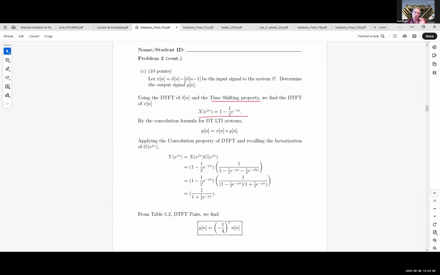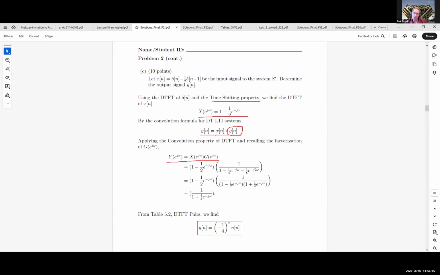The output of the inverse system, which has the unknown impulse response g of n, unknown in the sense that we haven't computed it, we know the output is going to be the convolution of x of n with that g of n. Now we transform to the frequency domain, where we know the transform of that impulse response for the inverse filter, G of e to the j omega.